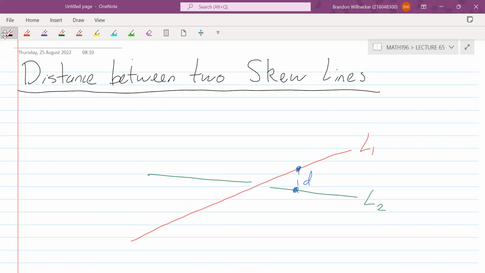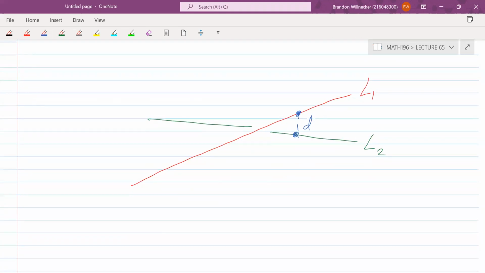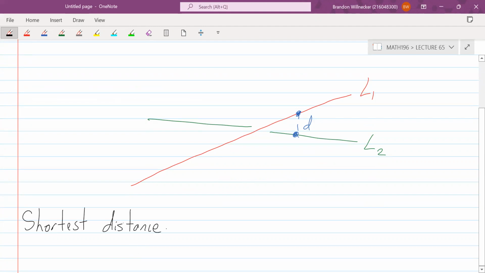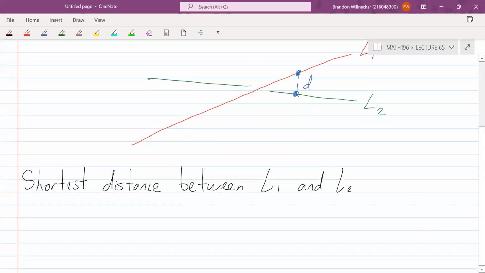We can do that another time, but I just want to show you the formula so you can work out some problems. So the formula for the shortest distance between L1 and L2, that's the D that we mentioned there.